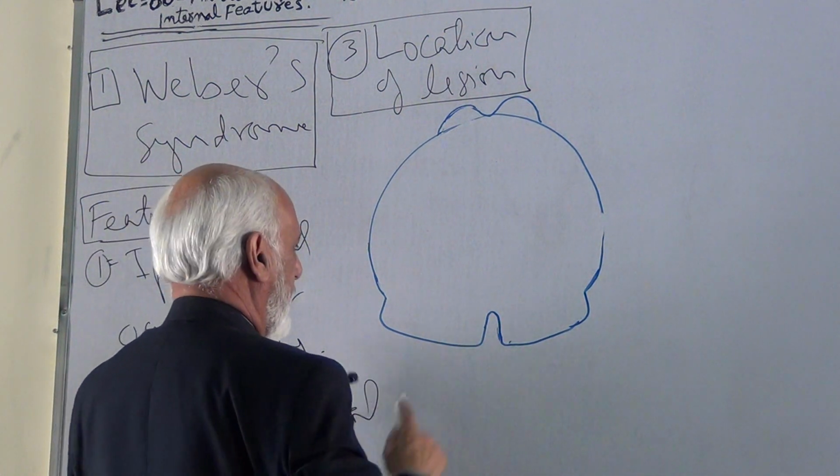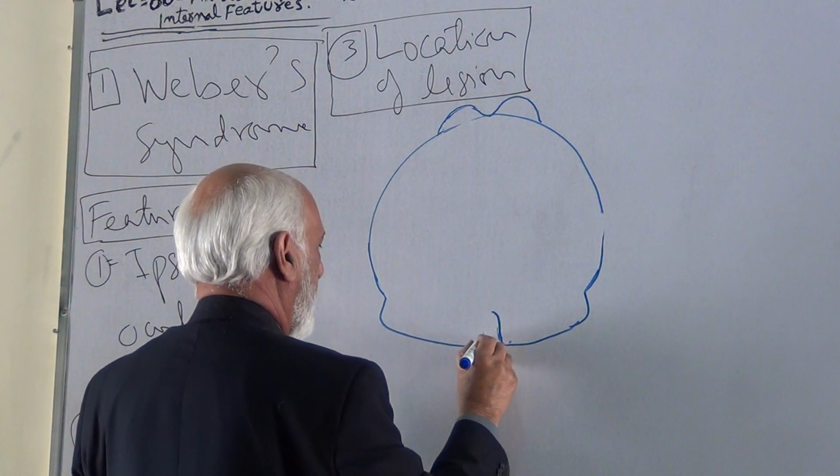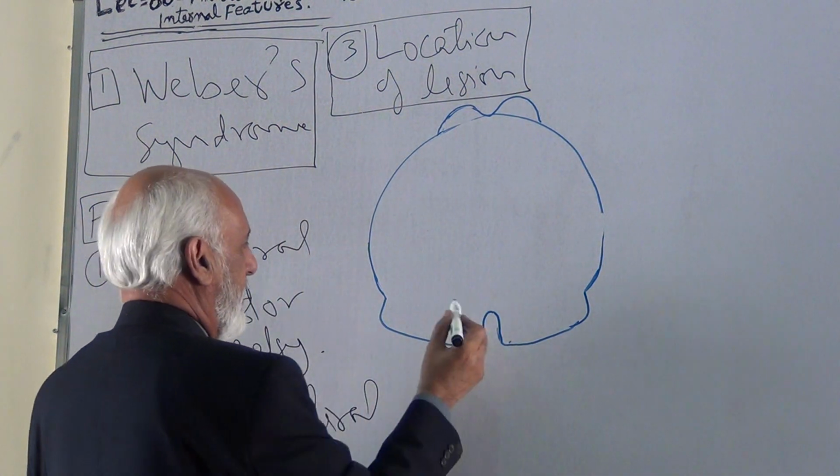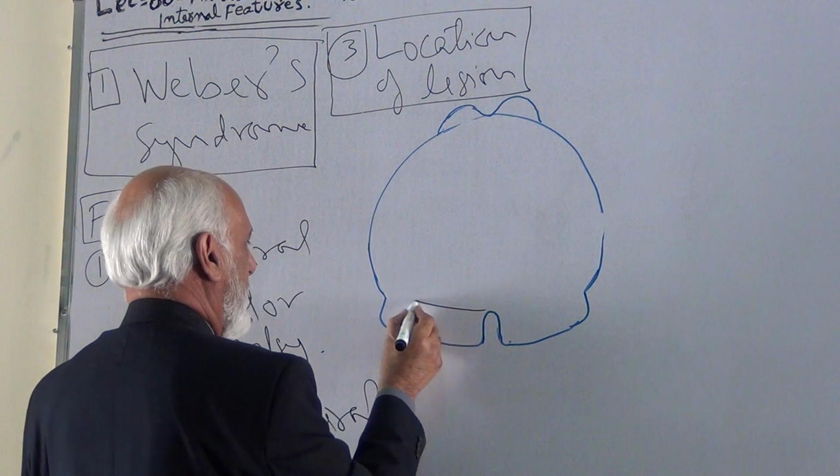The interpeduncular fossa, and on each side are the crus cerebri and substantia nigra.